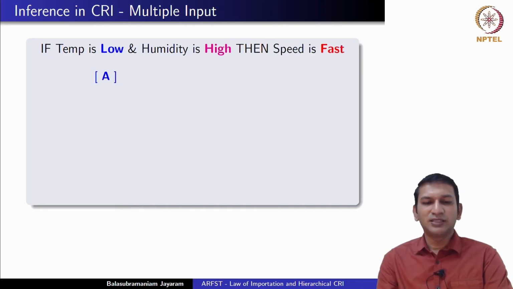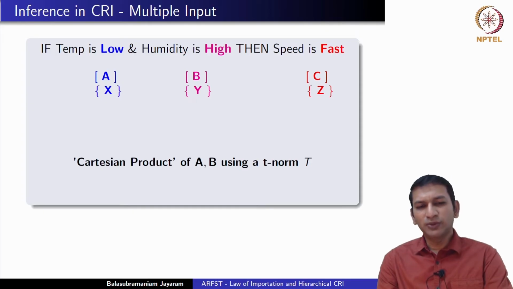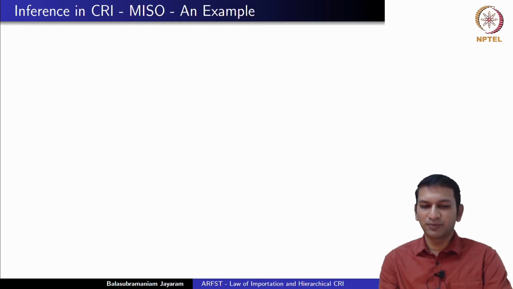So now this is something like you have a fuzzy set A from F of x1, B from F of x2 and C from F of y. So x, or we could also take the domain to be x, y and z. So normally what we do is we take the Cartesian product of A and B using a T-norm and then apply the function f, which is typically an implication, to obtain the relation of this particular rule.